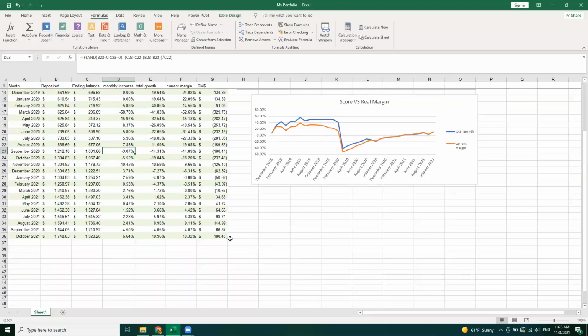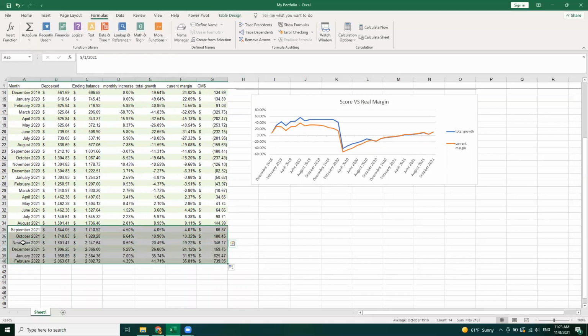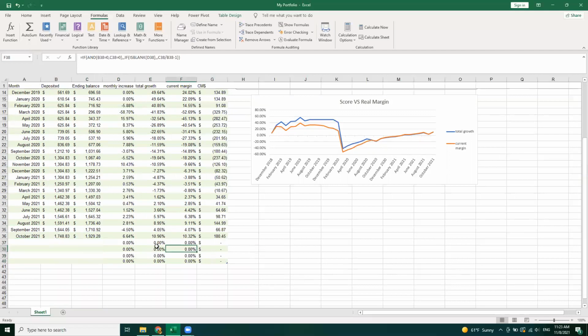Basically, the point of this first bit is telling Excel that if I autofill and then delete these two rows, then these will just do 0 and they won't give me errors. That's the point of the if those two things are zeros, then give me 0. Don't give me an error that you couldn't divide by 0. Basically, that's the point of that.